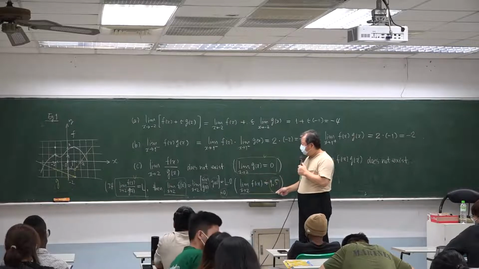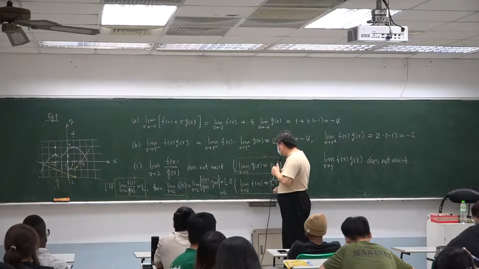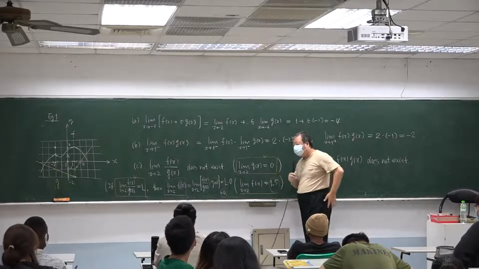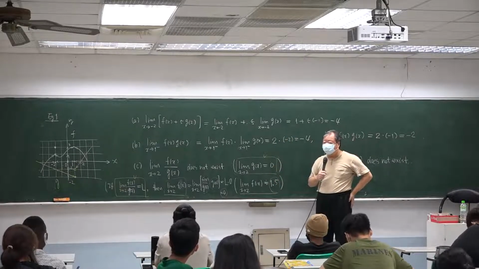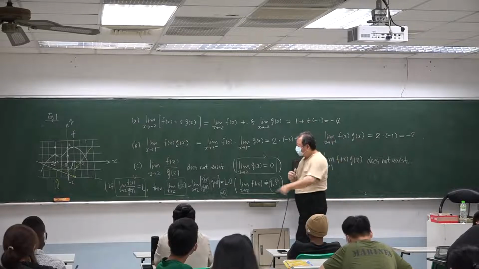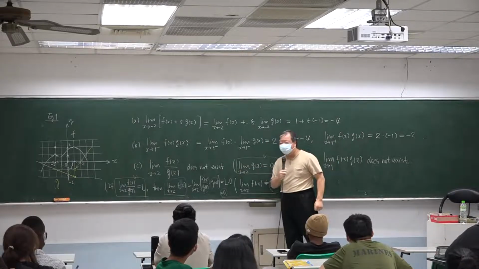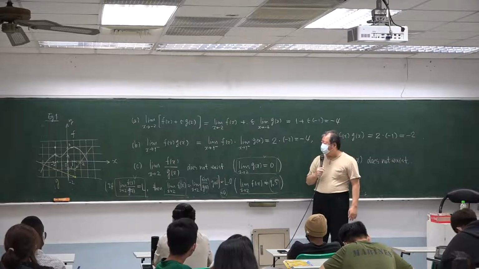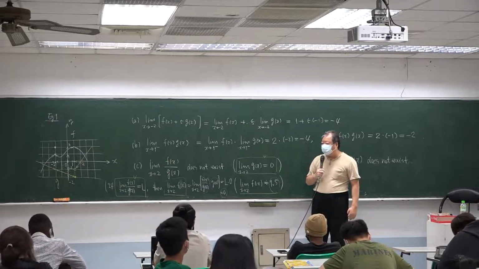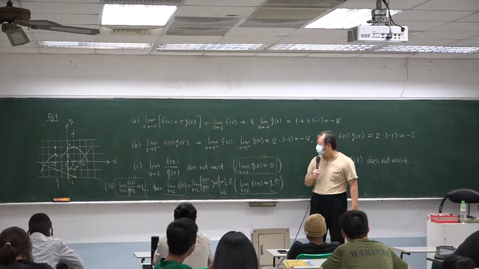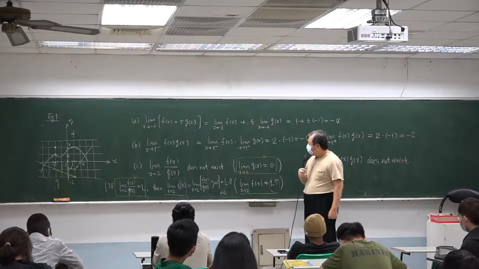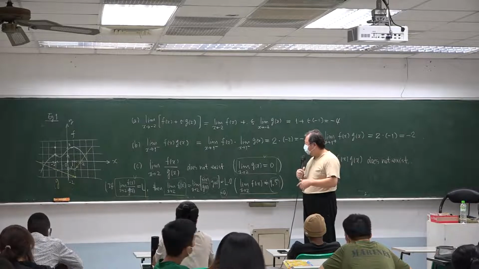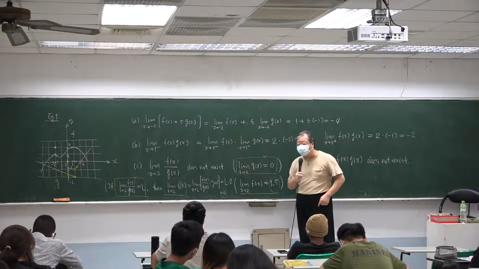And this equals 0 and not 0, conflict, contradiction. So it does not even exist. Okay, so sometimes the answer may be easy to get, but you had better give an explanation.